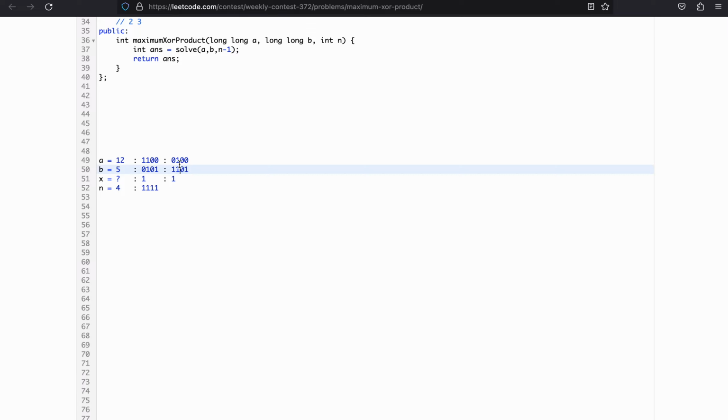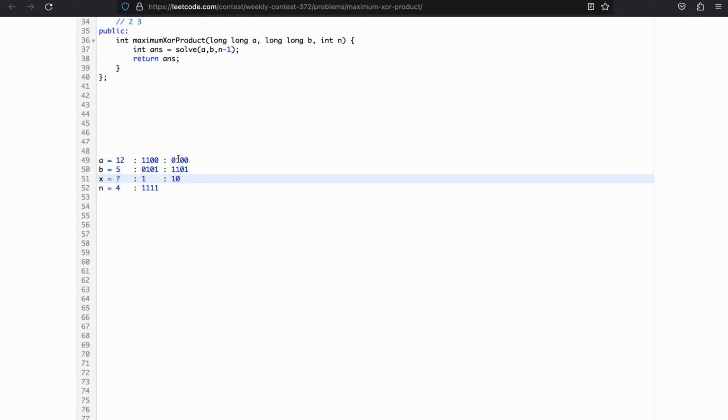If both bits are the same, then we have to do nothing in both. If both bits are same, we set both bits to be 1 and 1. Here it is already 1 and 1, so we take 0 in x. If both bits are equal, then we ensure the bits should always be 1 and 1, either taking 0 or 1 depending on the bits.